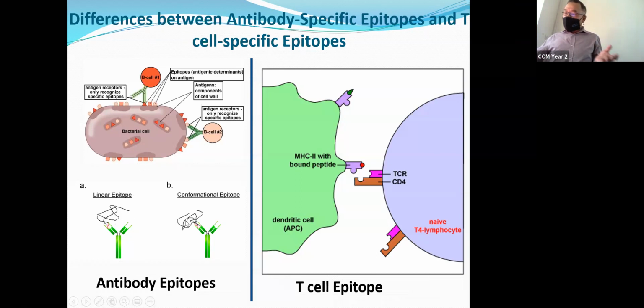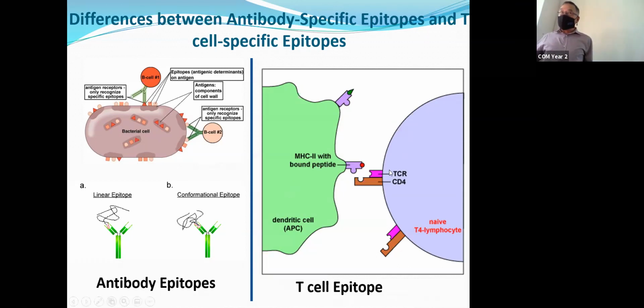These shapes may be linear or conformational, so that it may look like a rock or a spike or whatever. If you were to denature this protein by boiling it or by treating it with chemicals, you would change the conformation of that antigen, and because the shape is then altered, it would no longer be recognized by an antibody. So basically, an antibody has to recognize a protein antigen in its native conformation.